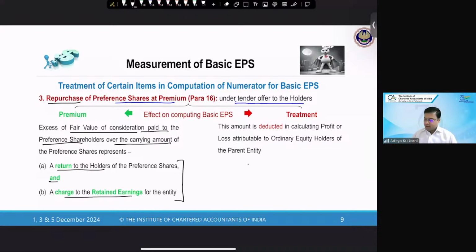The net profit comes from the P&L, whereas this premium which you have given, this is sitting where? This is sitting under retained earnings. So therefore, less premium on repurchase of preference shares capital. I will deduct that to arrive at net profit attributable to equity shareholders.